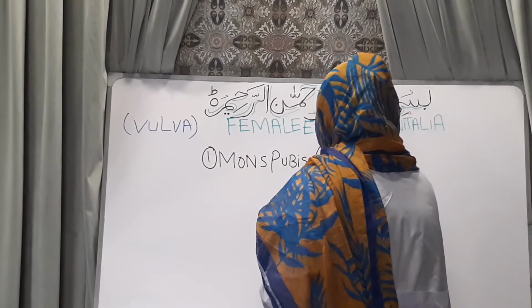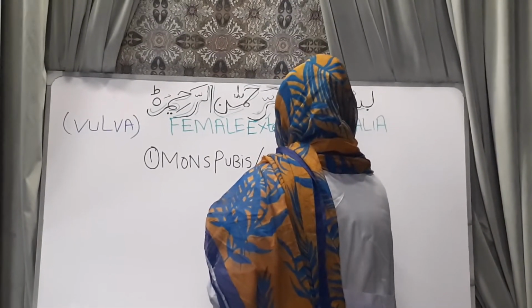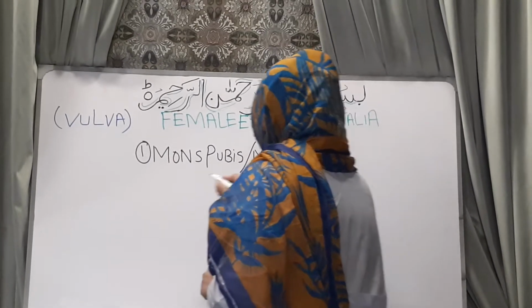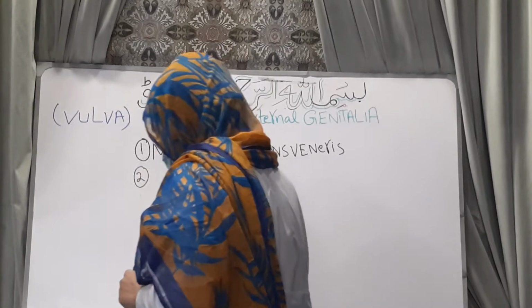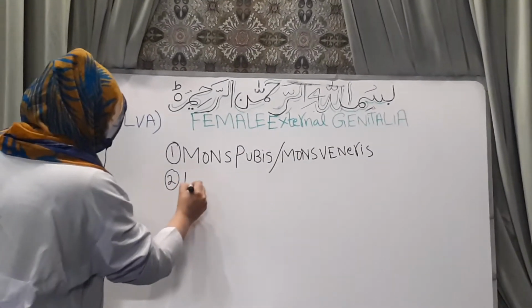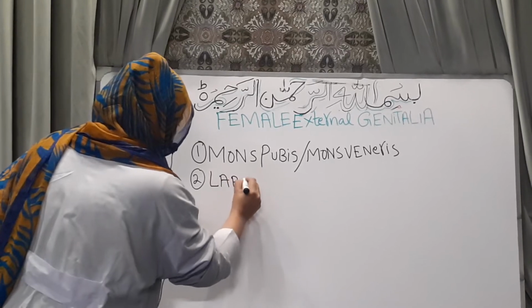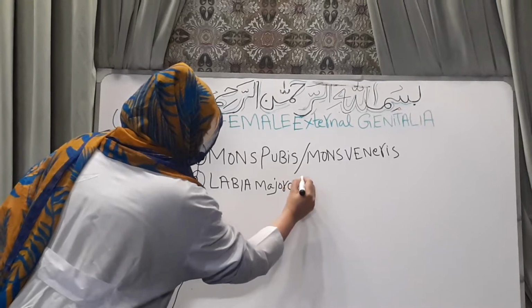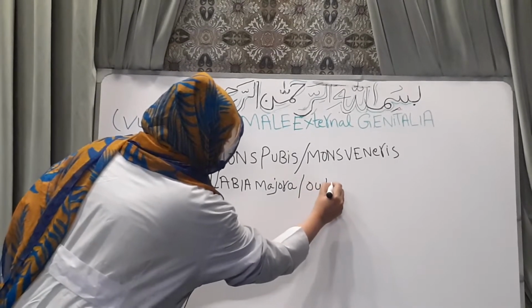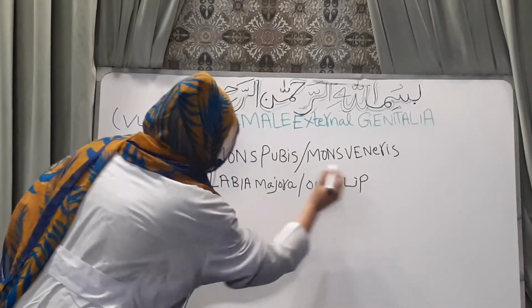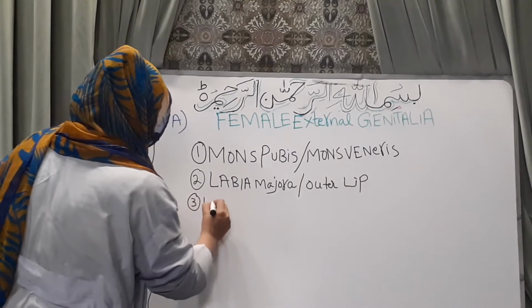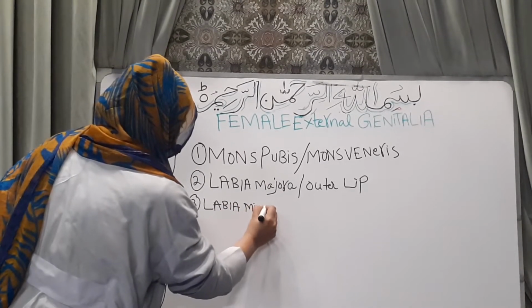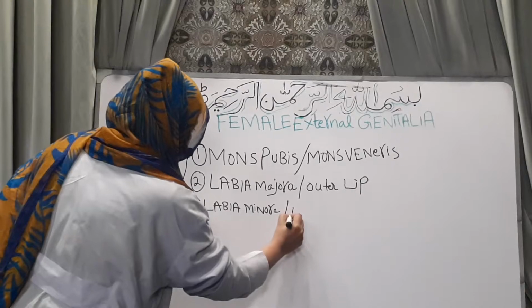The second part is known as labia majora, or outer lip. The third part is known as labia minora, or inner lip.